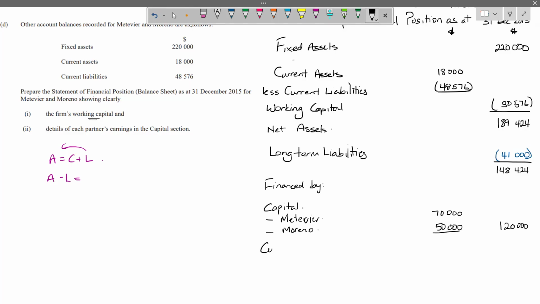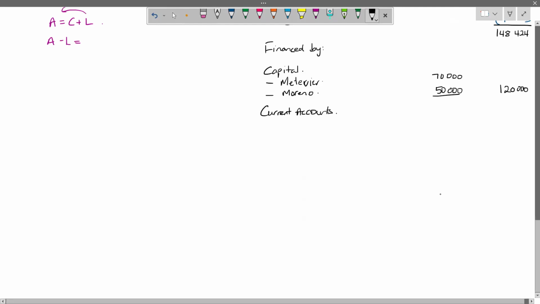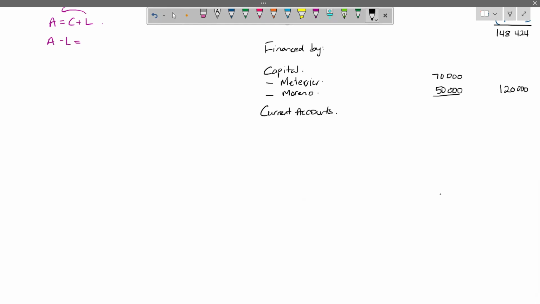And then we have the current account. Now, we had no opening balances for Mentive or Marino. This is where we might need a bit of working in order to work out the different balances that we need to carry across.